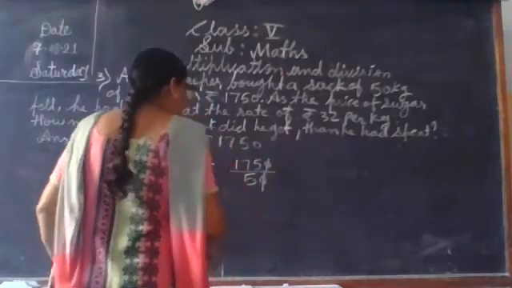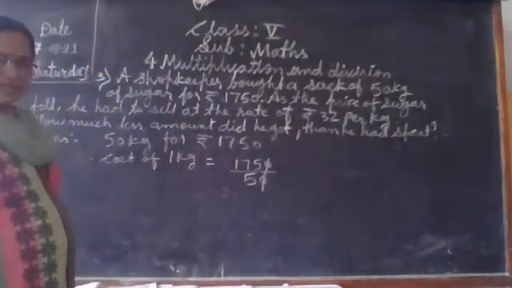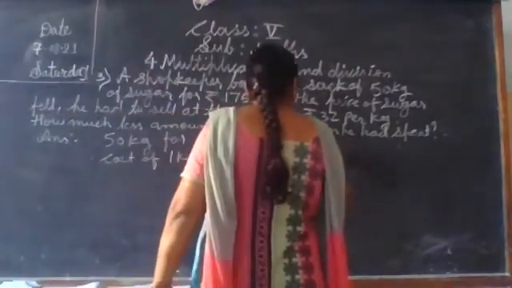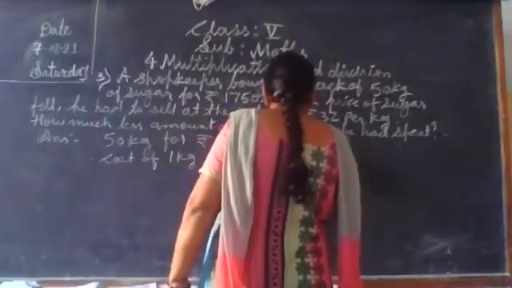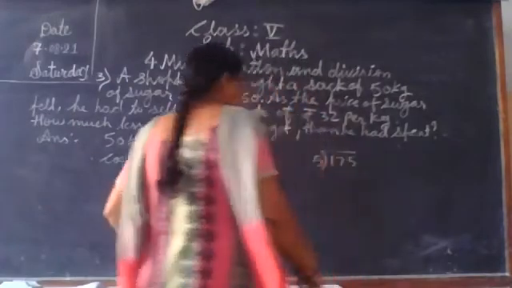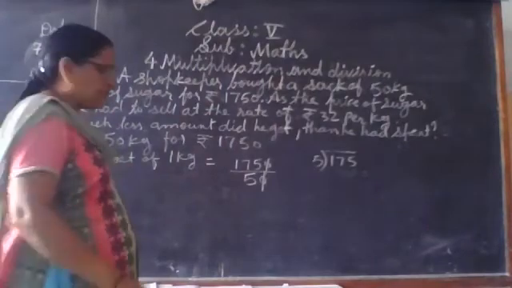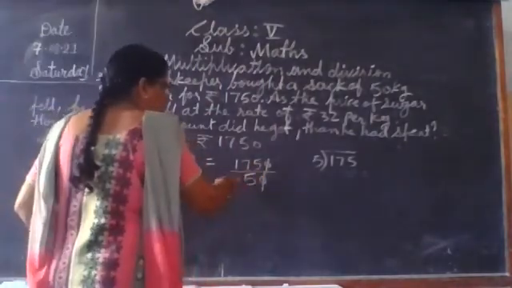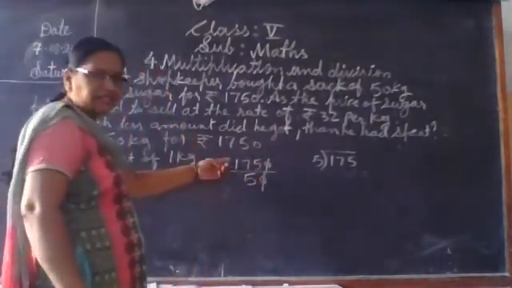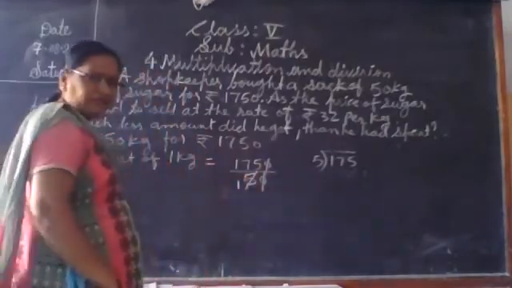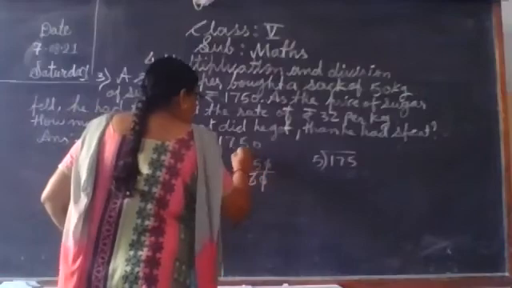The 0 gets cancelled and it is 175 divided by 5. 5 ones are 5, 5 threes are 15.